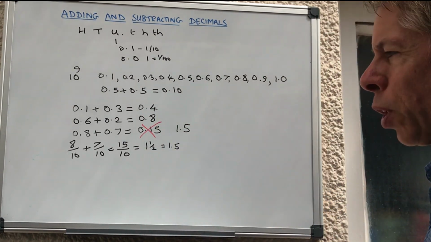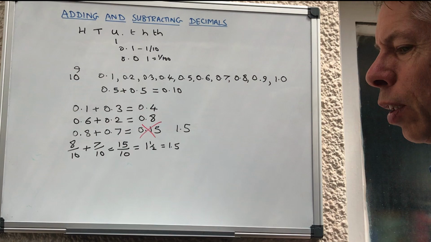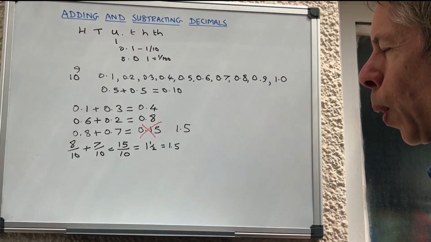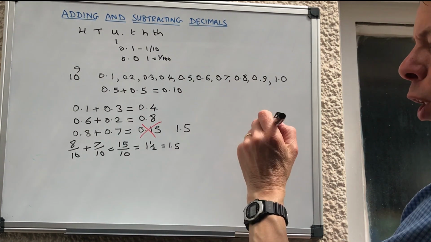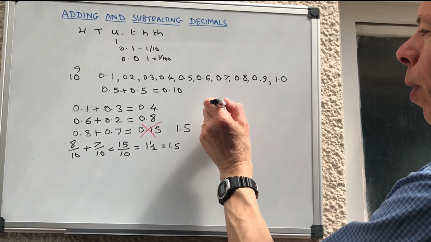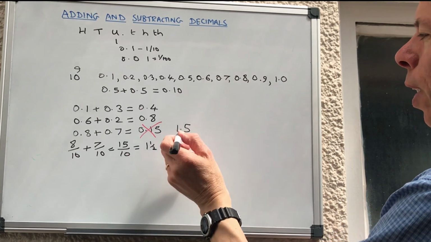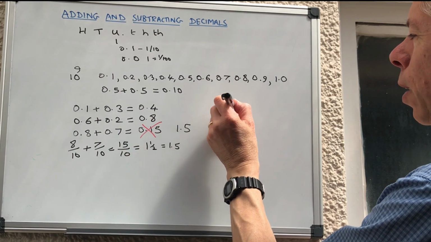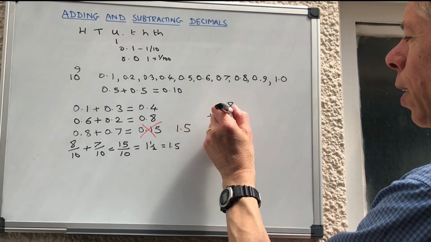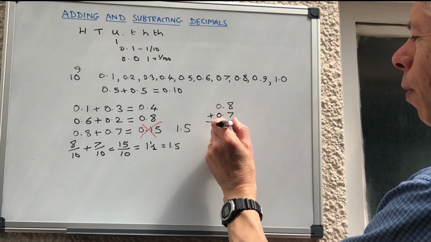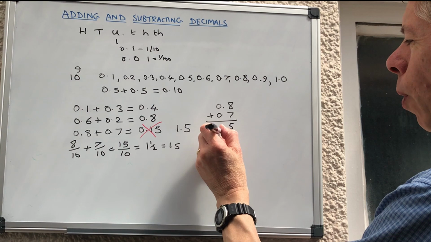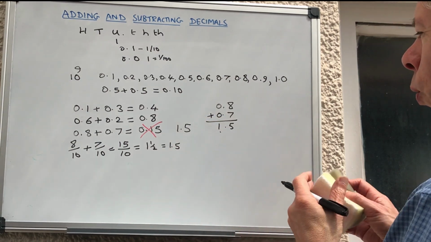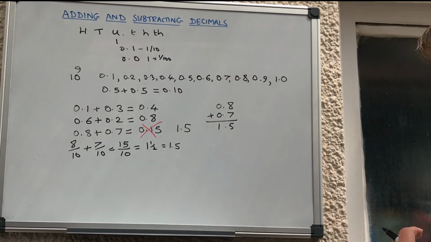So when you're just starting with adding decimals, what I suggest you do is use a column addition method, even for quite simple ones, even for that 0.8 plus 0.7. So 8 plus 7 is 15, so you carry the 1, or you put the 1 over here, so you automatically get the right answer.